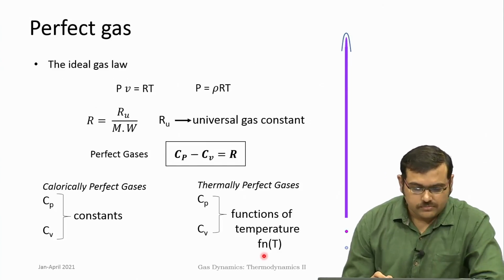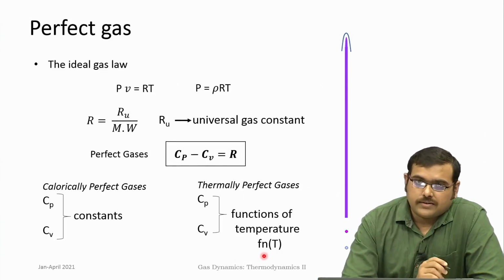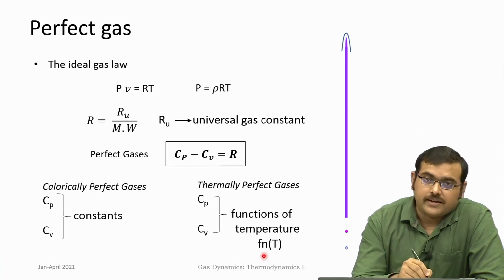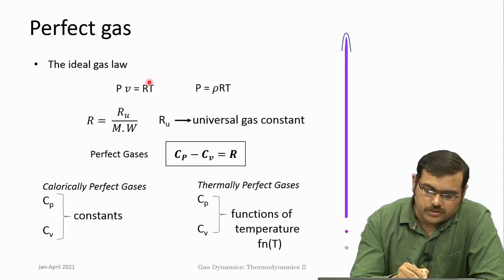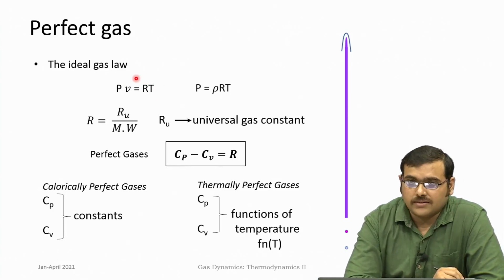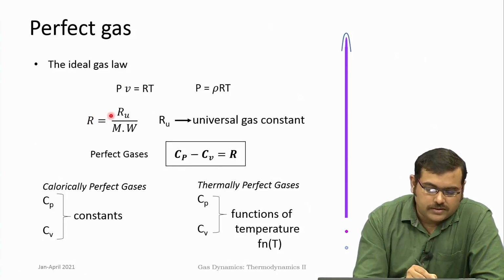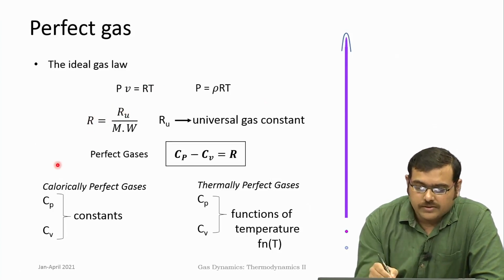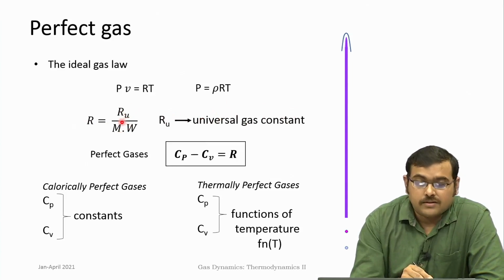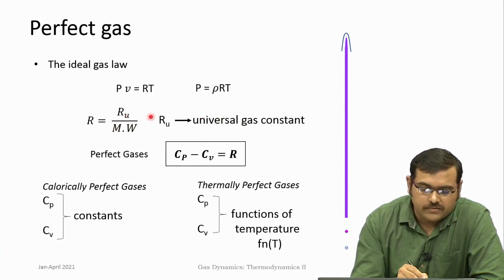So now we are considering only perfect gases in our descriptions here in this course. They follow the ideal gas law, which is Pv is equal to RT, where R is the specific gas constant. This specific gas constant is related to the universal gas constant Ru, which is a constant, by dividing it by the molecular weight of the gas.